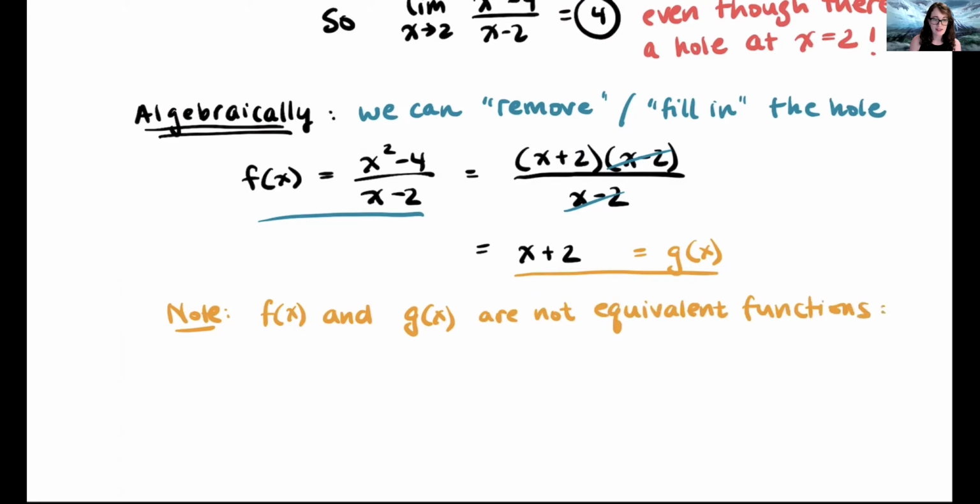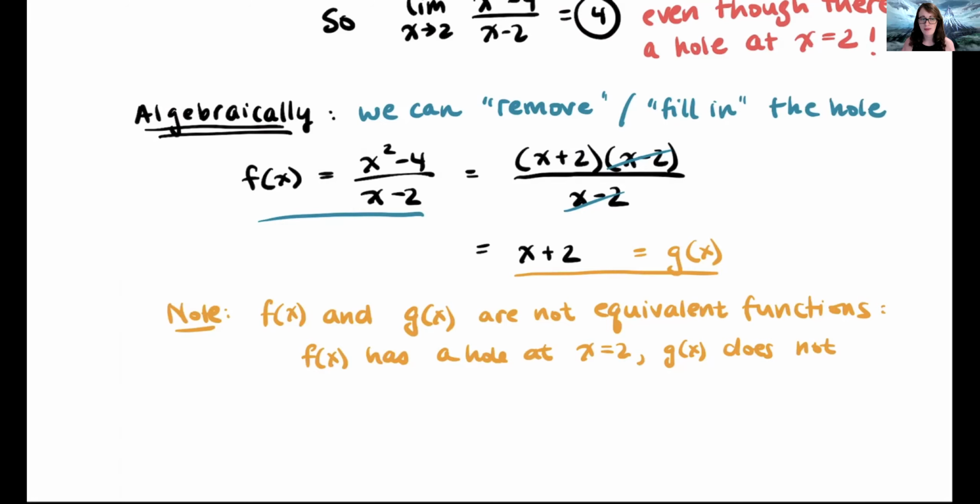First of all, f of x has a hole at x equals 2, and g of x does not. That's the graphical reason. f of x's domain doesn't include 2, but g of x's domain does, right?